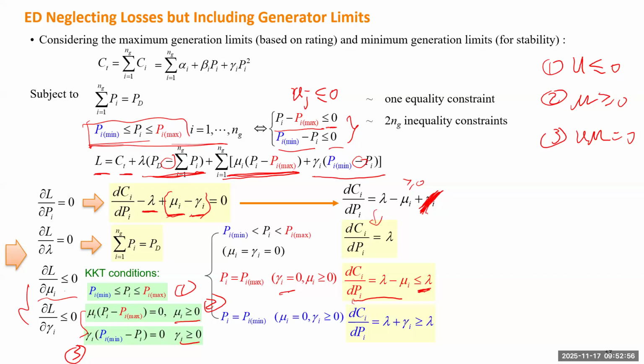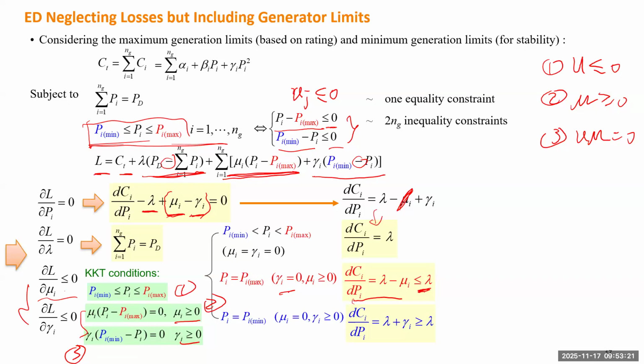For the third scenario, when mu is 0, we just cross off the mu from the original equation here. So for that unit, the price will be lambda plus gamma. Gamma is positive, which means this cannot be lower than lambda.